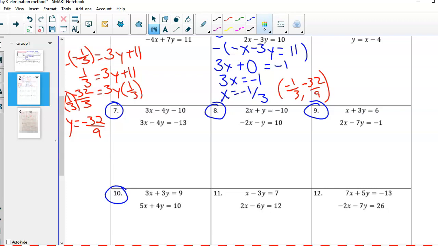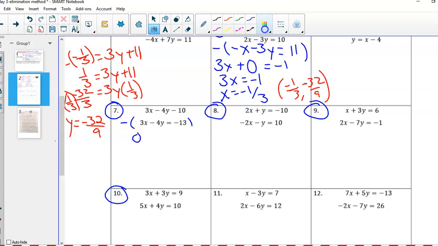For 7, do we have a variable with the same coefficient? Yes. Isn't it x? It is x and y, but pick one for this case. X. Would we add or subtract to get rid of x? Subtract. 3x minus 3x is 0.